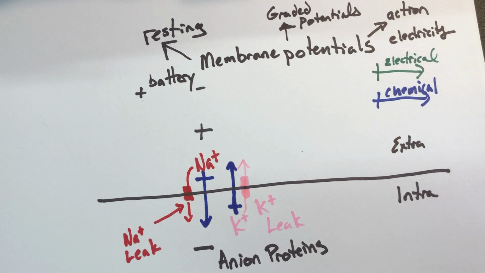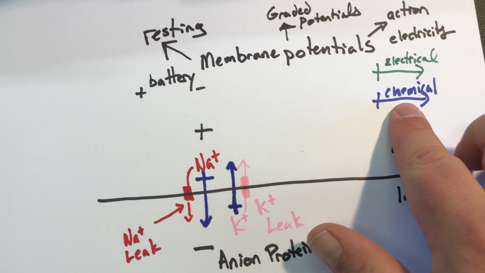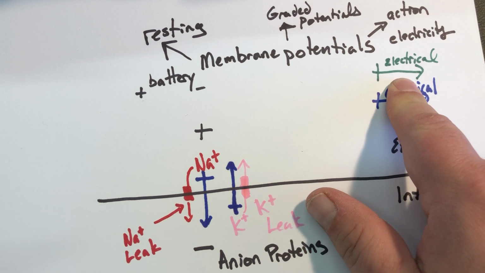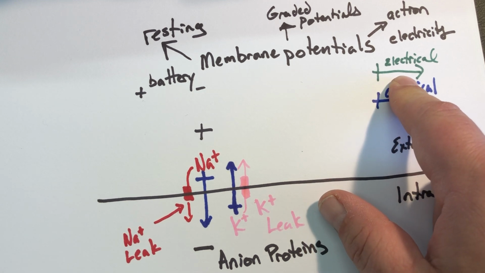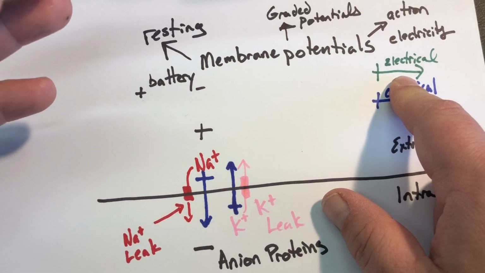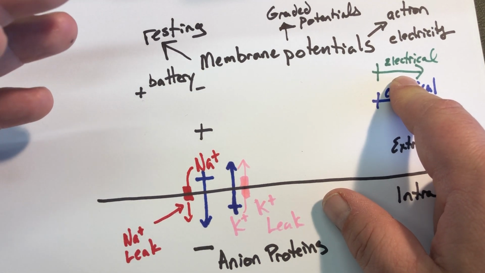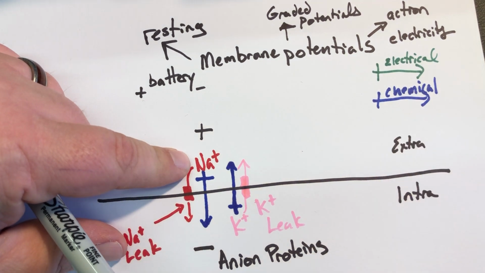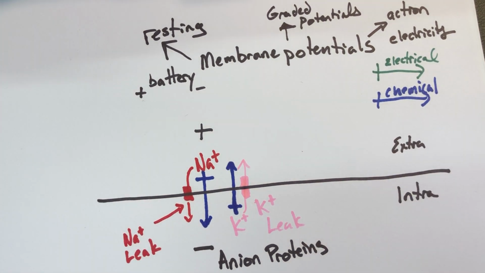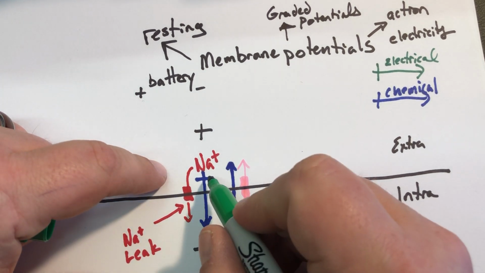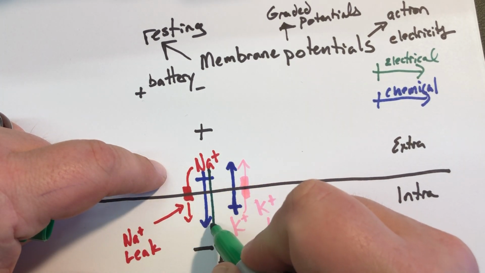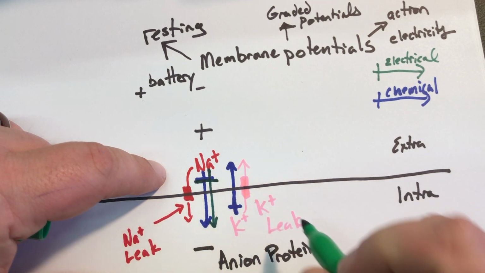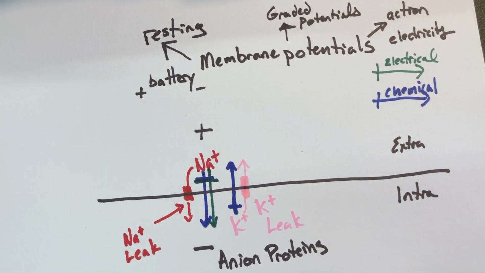Now, we can't pay attention to just the chemical gradient because there's also an electrical gradient. Electrical gradient is a little simpler. A gradient is where you have a difference, so an electrical gradient would be an electrical difference. You have a positively charged sodium outside the cell and you have a negative charge inside the cell. So for sodium, in addition to the chemical gradient pulling sodium towards the inside of the cell, there is an electrical gradient too.